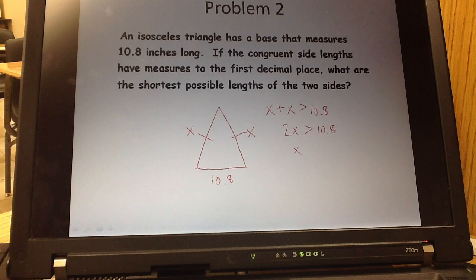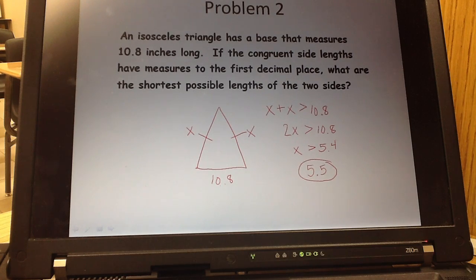So when you divide by 2, you get x is greater than 5.4. Well it says to the first decimal place, what are the shortest possible lengths? Well, x has to be greater than 5.4, so the next decimal place up is 5.5. So that would be your answer.